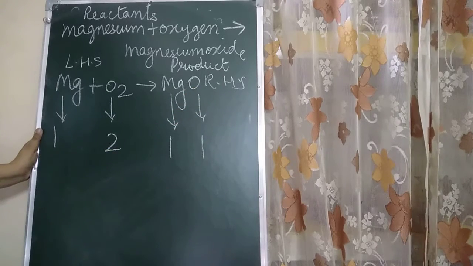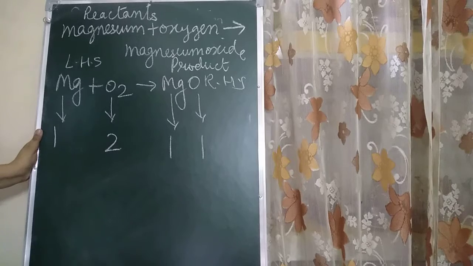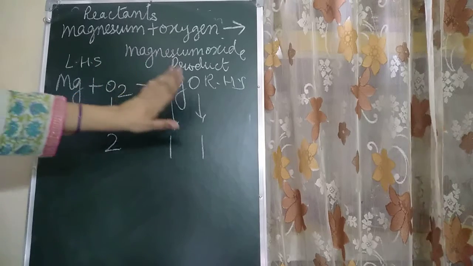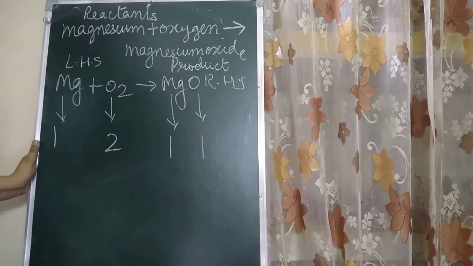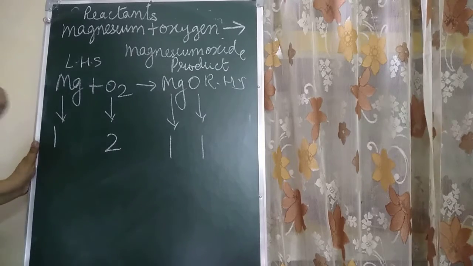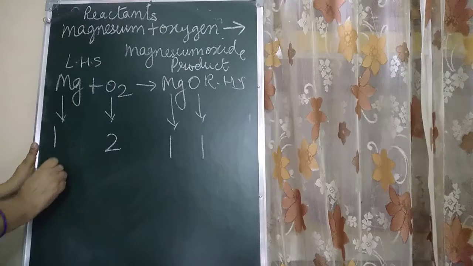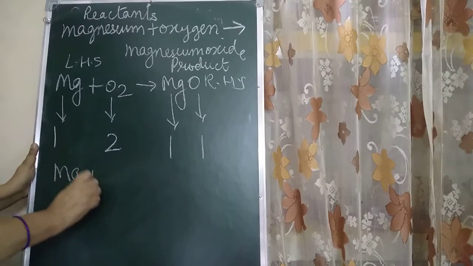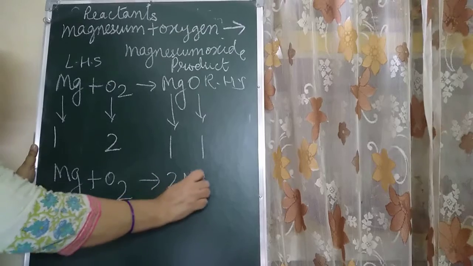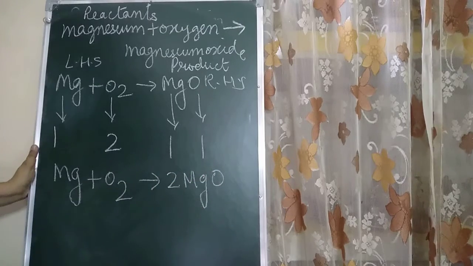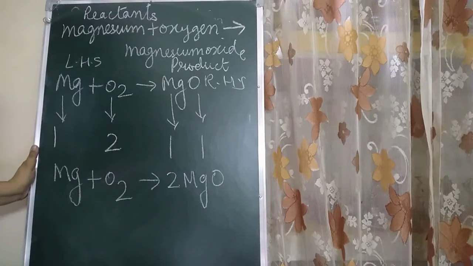So are they balanced? No. Now you have to balance the equation. So we multiply the right hand side by 2, children. So now it is 2MgO.